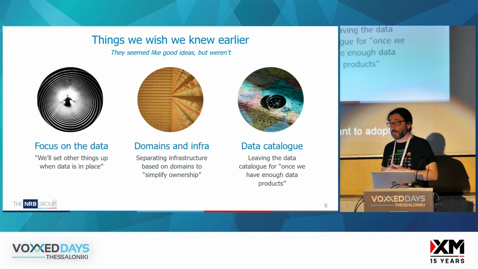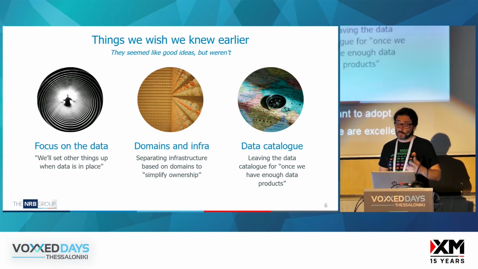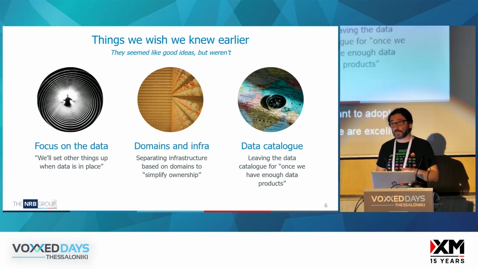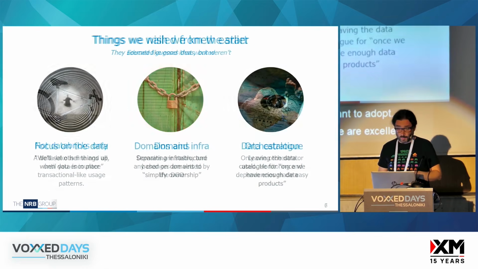There are excellent free open source solutions that we can use, and this initial investment pays dividends. So it's really important to have a data catalog when you're building a data mesh. Otherwise, you end up with a data mess with a double S.